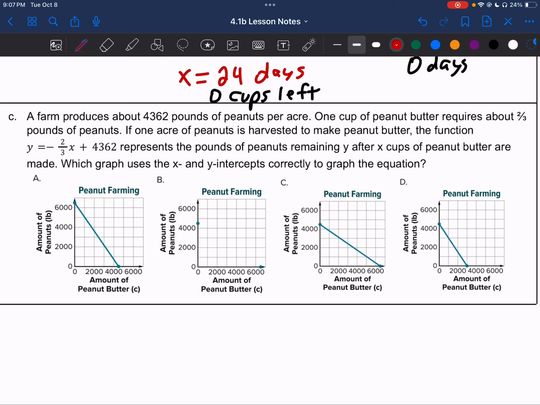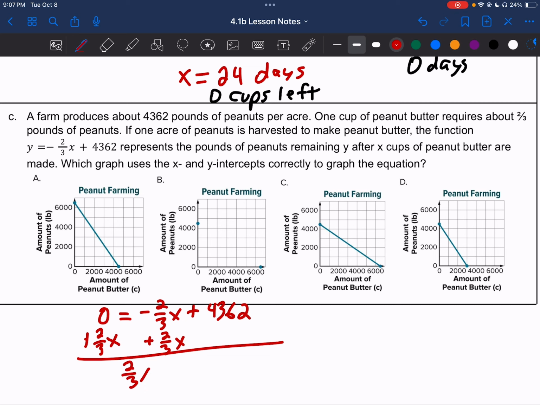Well, if we're going to graph it correctly, we need to find what these intercepts are. So I'm going to take my original equation and find my x-intercept. So we substitute in 0 for y and we get negative 2/3 x plus 4362. And I'm going to add 2/3 x to both sides. I get 2/3 x on the left side is equal to 4,362 on the right.